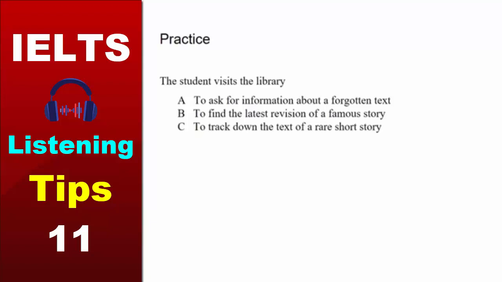It's not something that's discussed or talked about. Rare is very different. Rare means that something is difficult to find. There aren't many of that thing out there. So rare and forgotten are key words there that supply some differences between these two answer choices.